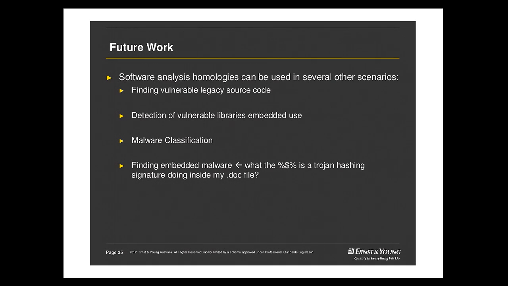So these techniques can be used for quickly spotting which kind of Trojan you are facing. And finally, embedded malware. You would say, what the F does it mean that the hash of a Trojan is inside my PDF file or my doc file? The hell? Well, it means someone is being a little bit sneaky and trying to send you an attached Trojan or attached malware.